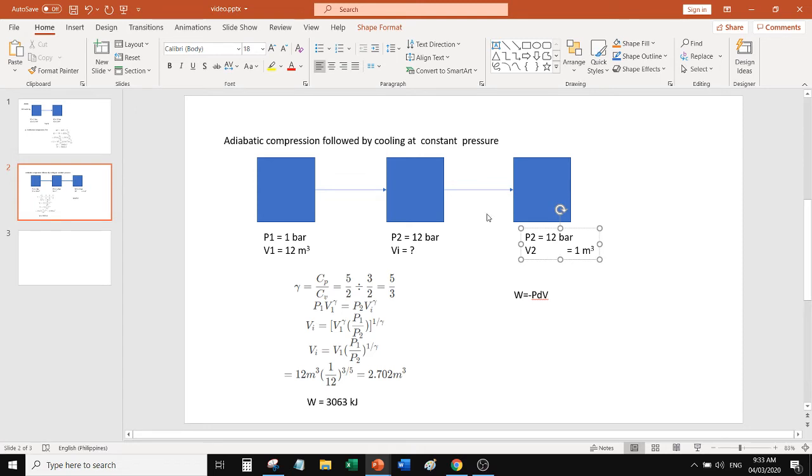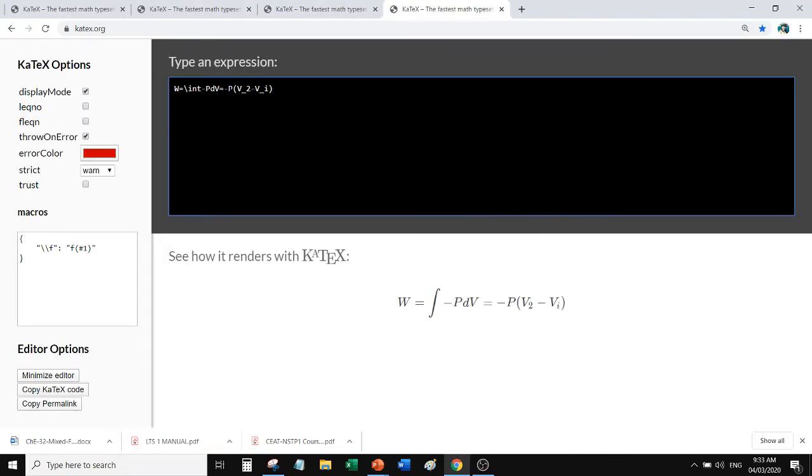So we know the value of V intermediate from our previous equation. By the way, this should be P2, constant pressure.